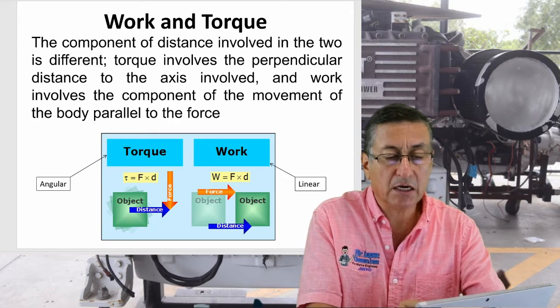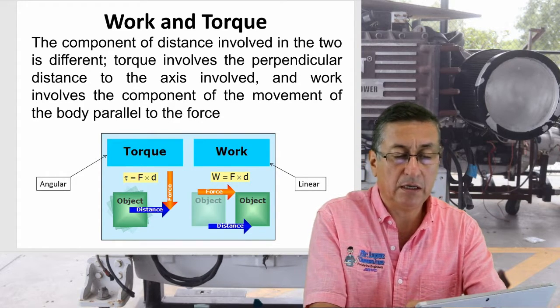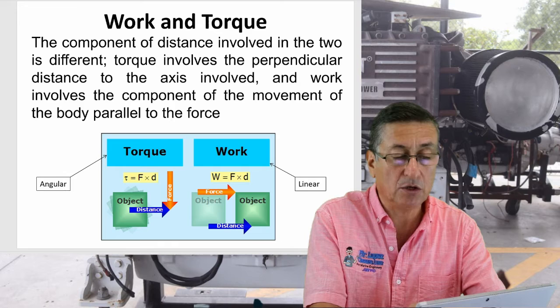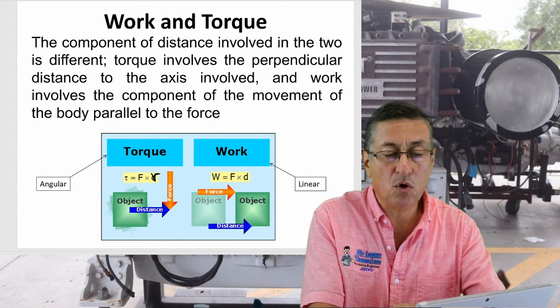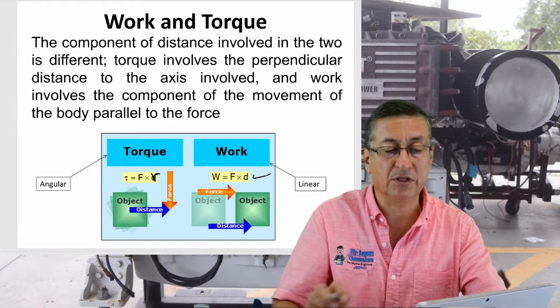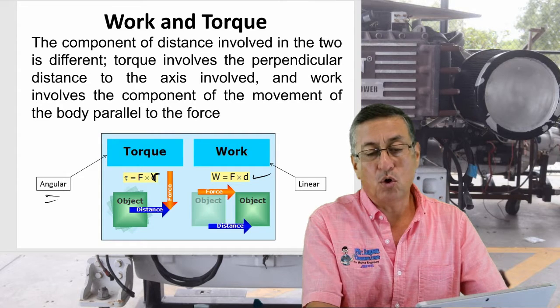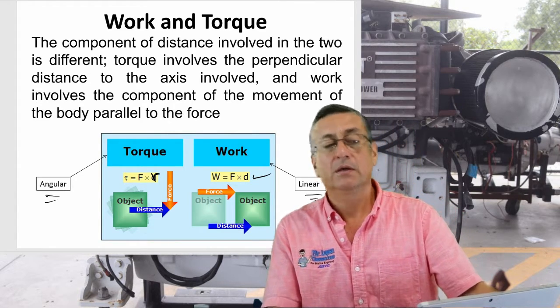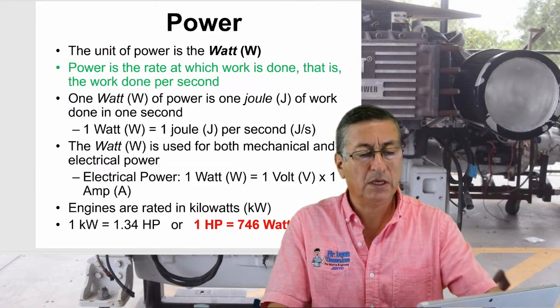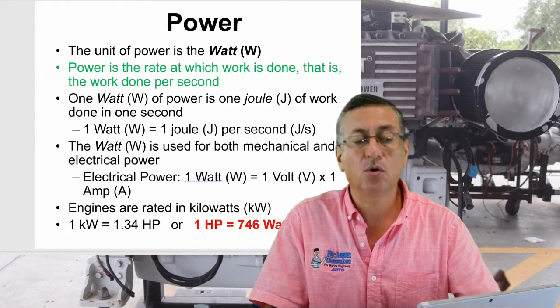I made a mistake here in this picture. I appreciate if you correct. Torque is force times radius, and work is force times distance. Torque is angular and work is linear. Right? Those are important concepts. I want you to keep in mind those concepts.